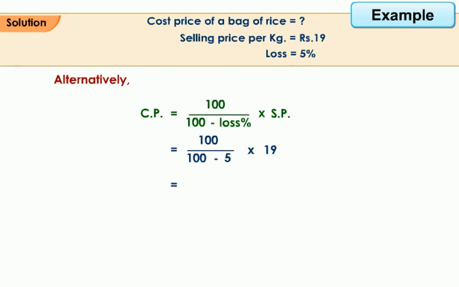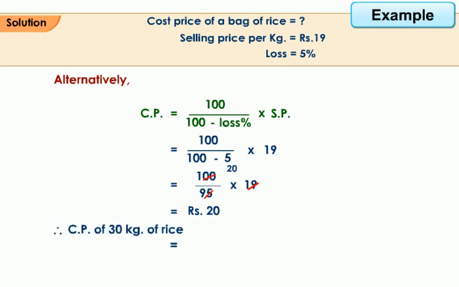This is equal to 100 divided by 95 into 19, which is equal to rupees 20. Therefore, the cost price of 30 kg of rice is equal to rupees 20 into 30, that is rupees 600. And that is the answer.